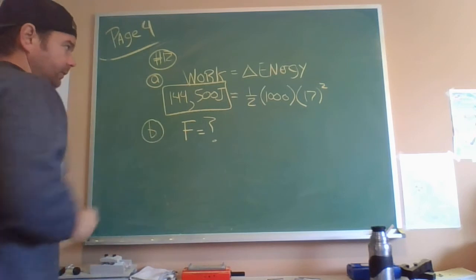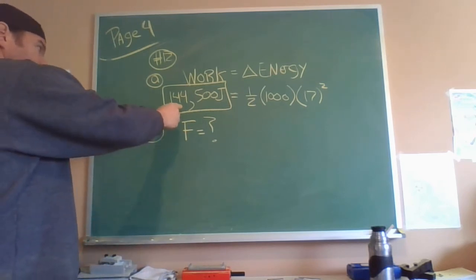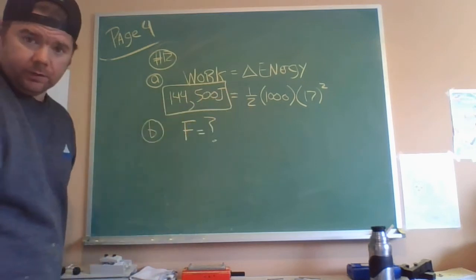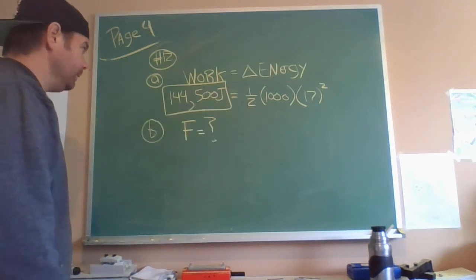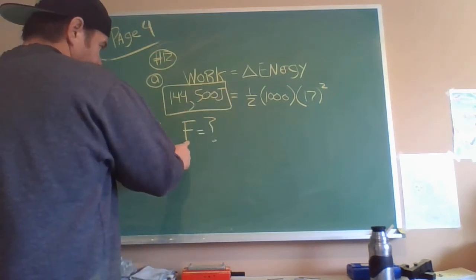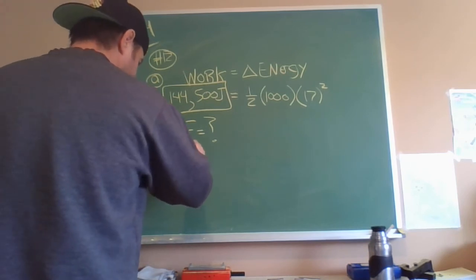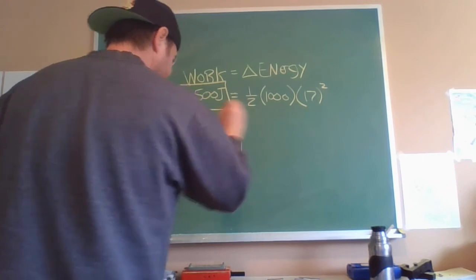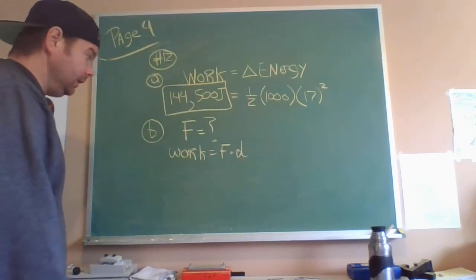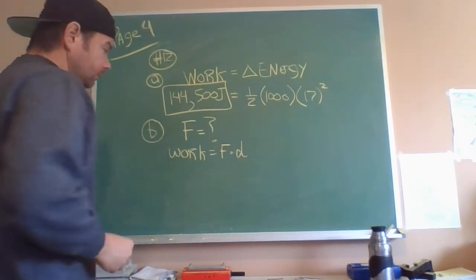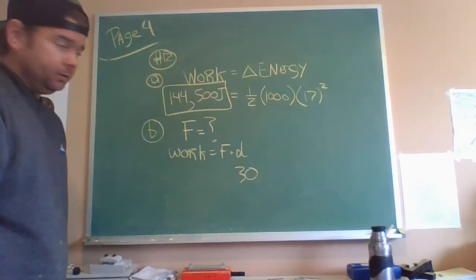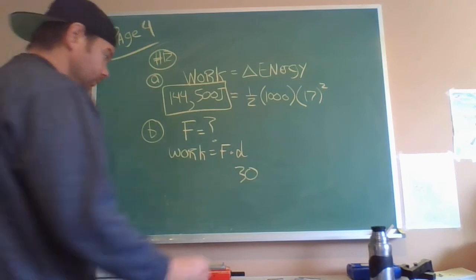How much force was actually applied that contributed to all of this work that caused the car to stop? The way we can get that amount of force is by remembering that work equals force times distance, right? And it said up here in situation A that it took 30 meters for the car to come to a stop.